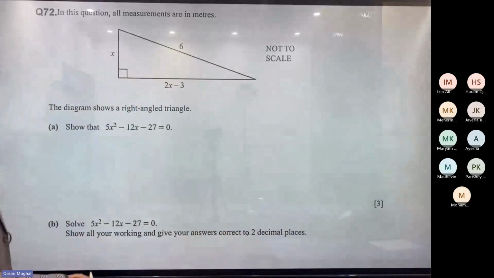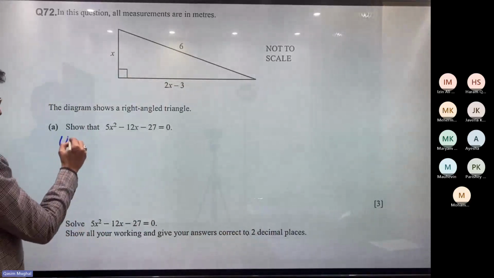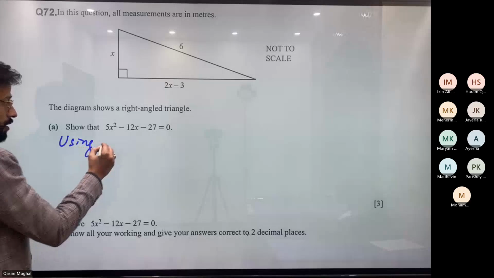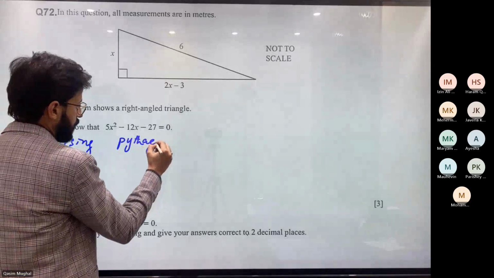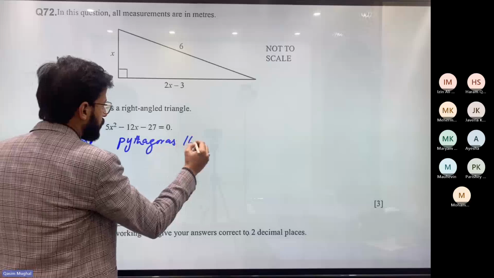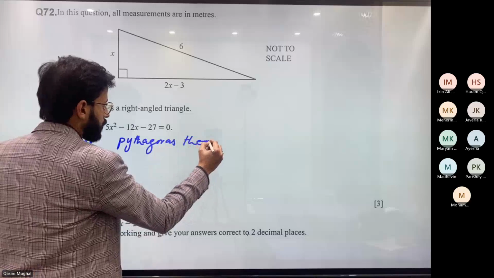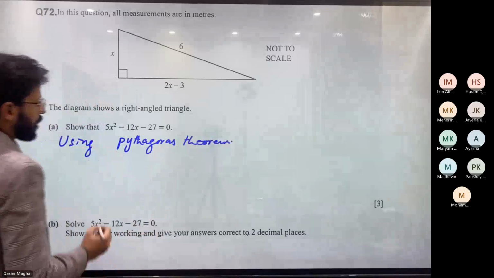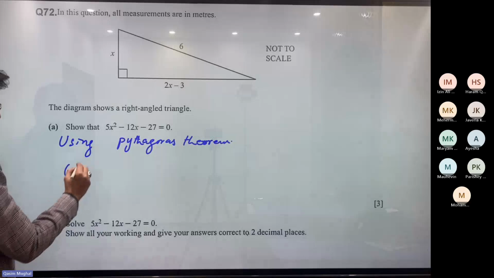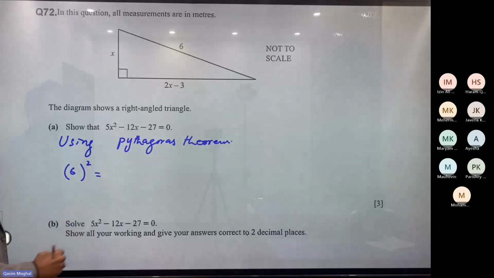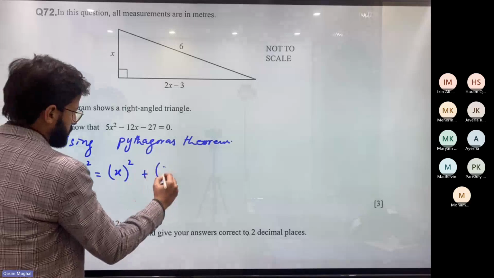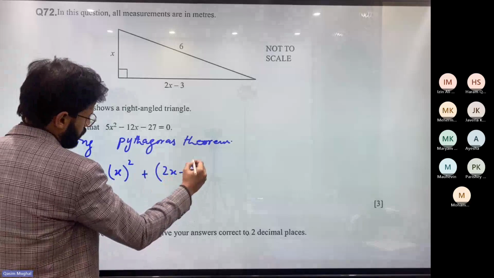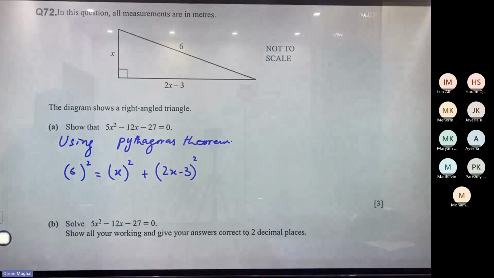So let's apply Pythagoras theorem here. So I'm going to mention here, using Pythagoras theorem. Hypotenuse squared, which is 6 in this case. So 6 squared equals the sum of the squares of the other two sides, which are base and perpendicular.